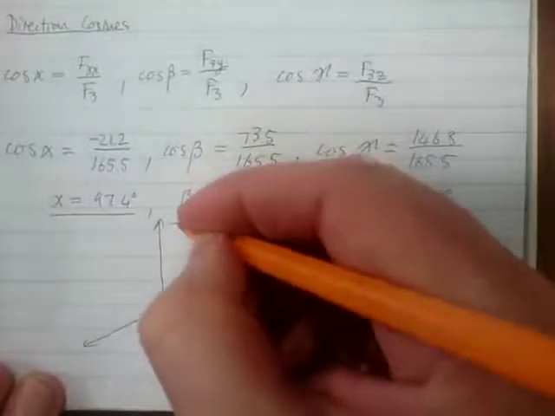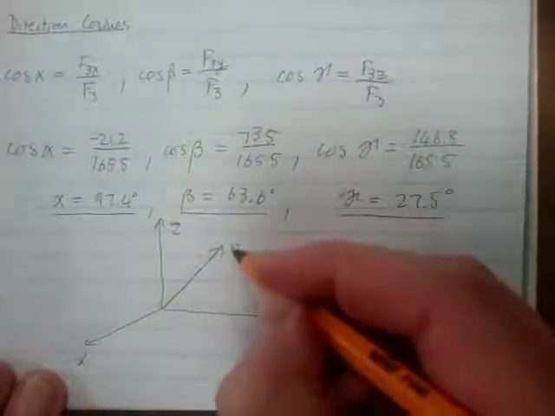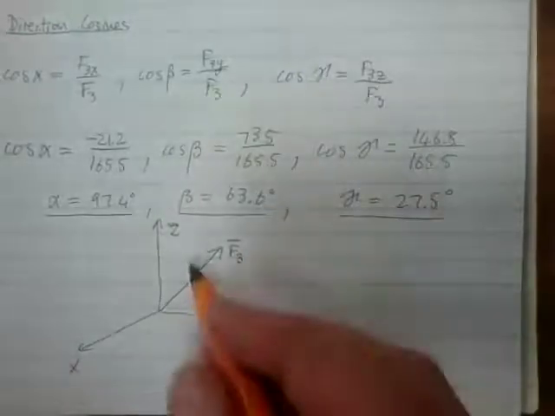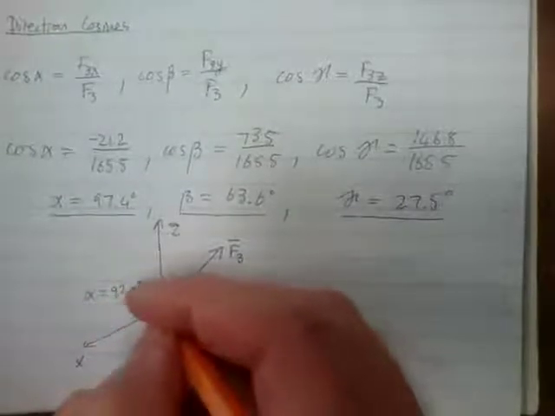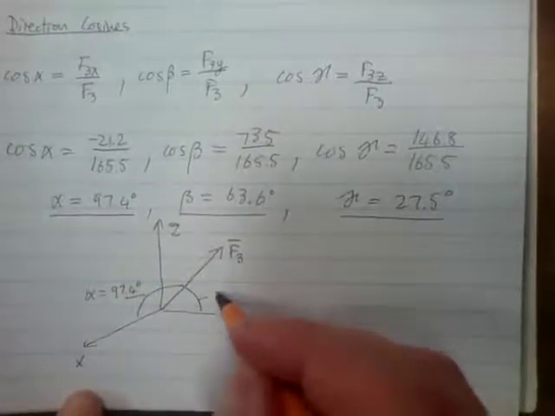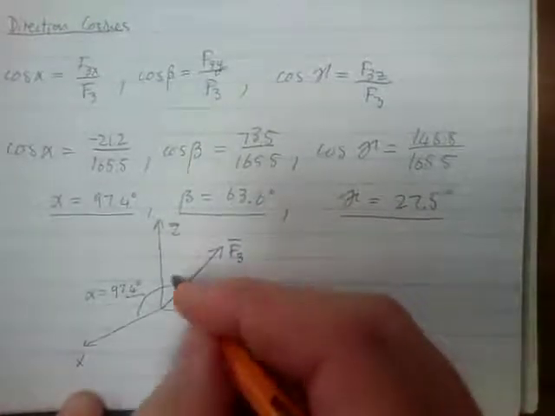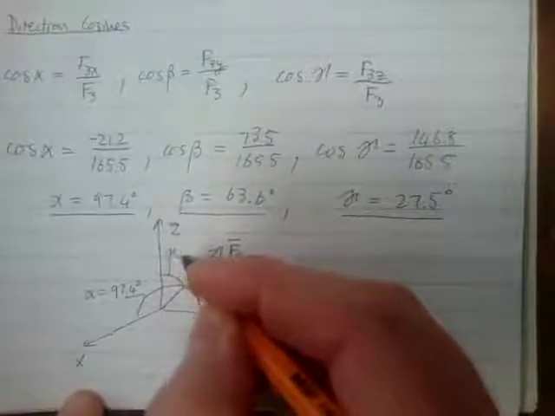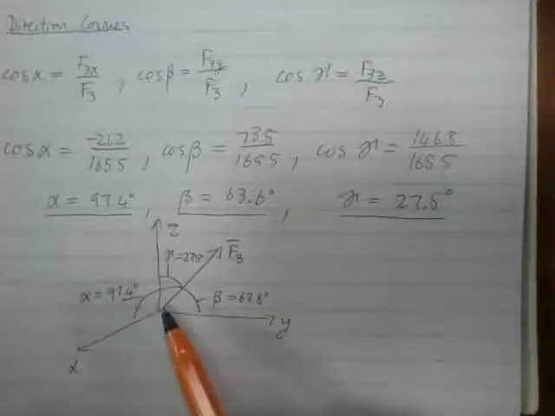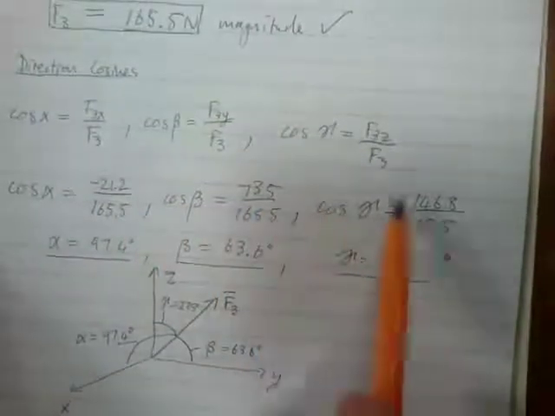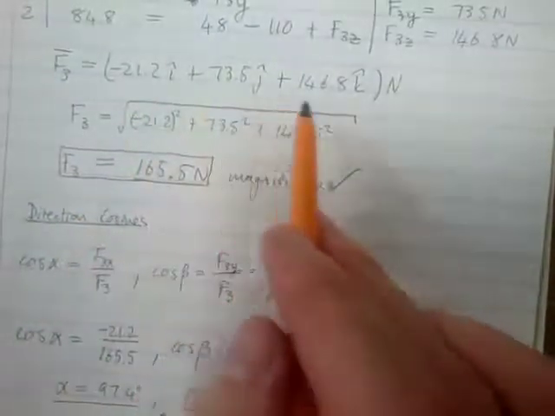There's Z, there's X, there's Y, and here is F3, and it's got an alpha of 97,4 degrees, a beta of 63,6, and a gamma of 27,5. Now I want you to think about how this corresponds to the x, y, and z components which we calculated.